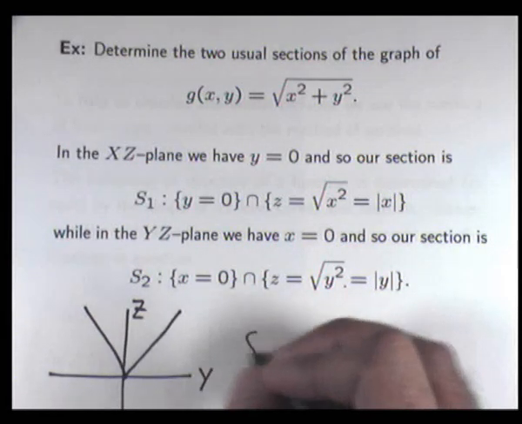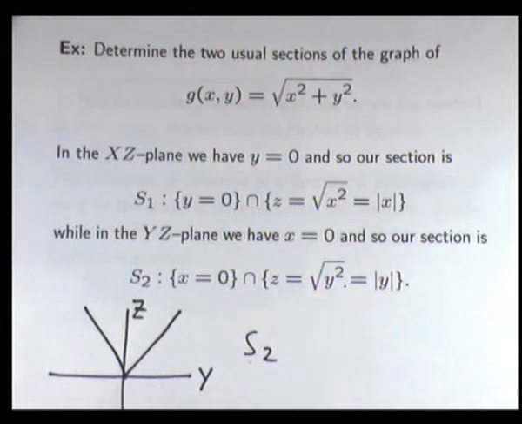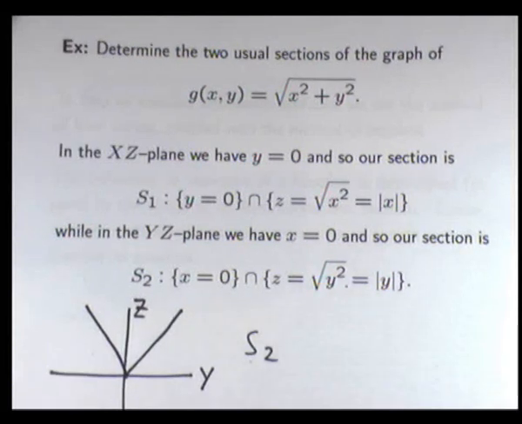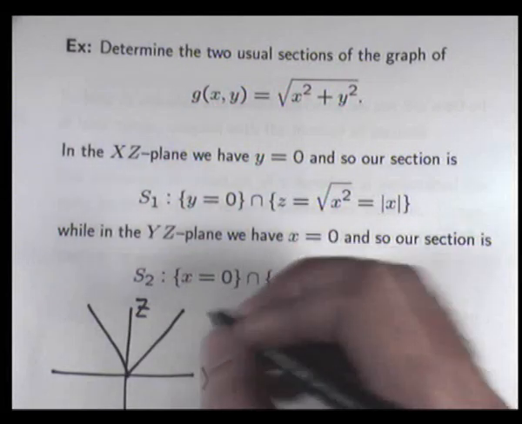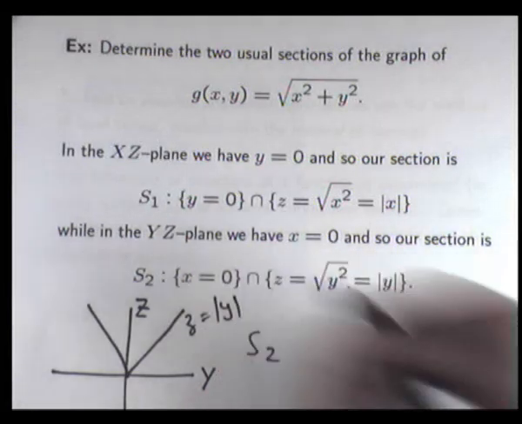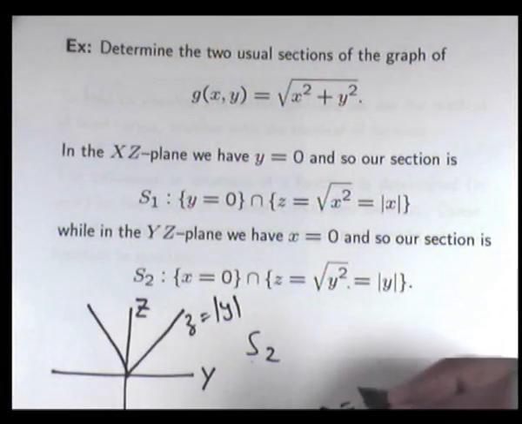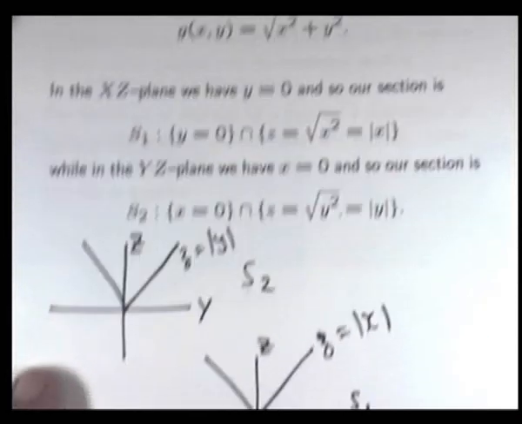So this is going to be S2. Again, I'm just drawing that because it's a little bit easier. This one's going to be S1. So this is something like z equals absolute y, and z equals absolute x.